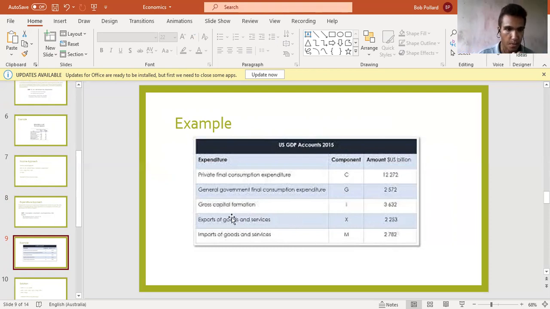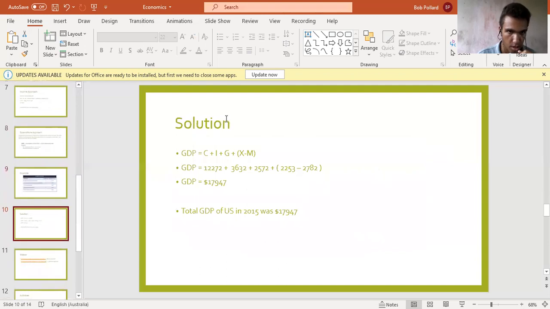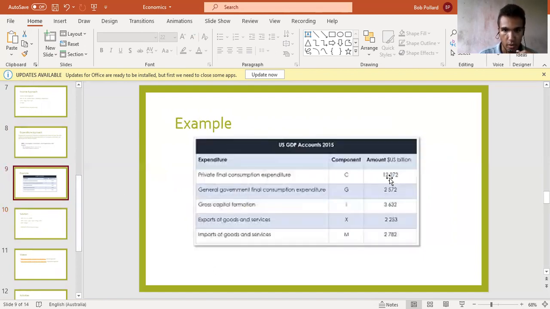So if we have to calculate, the solution: GDP equals C, which is consumption, plus I, which is investment, plus G, which is government expenditure, plus net of exports minus imports. So GDP equals your consumption, as identified here, 12,272.